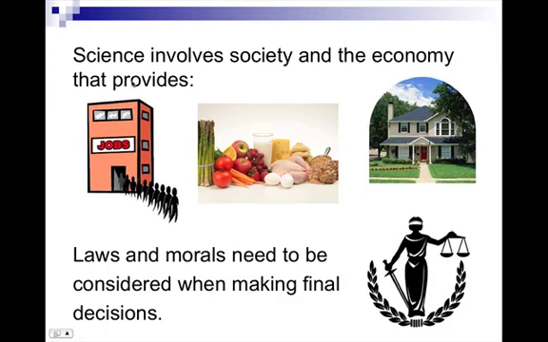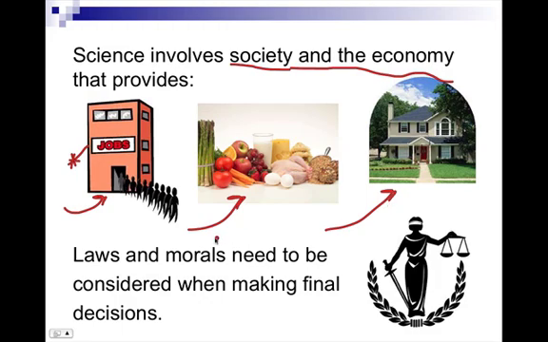Now, science involves many things. Science involves society and the economy that it provides. Because without science, we would not have jobs, we would not have food, and we would not have a place to live.